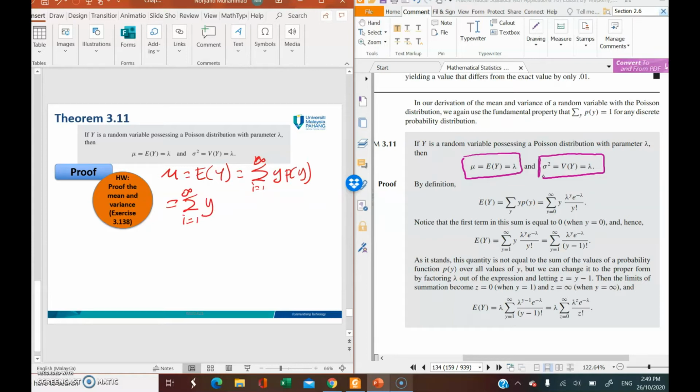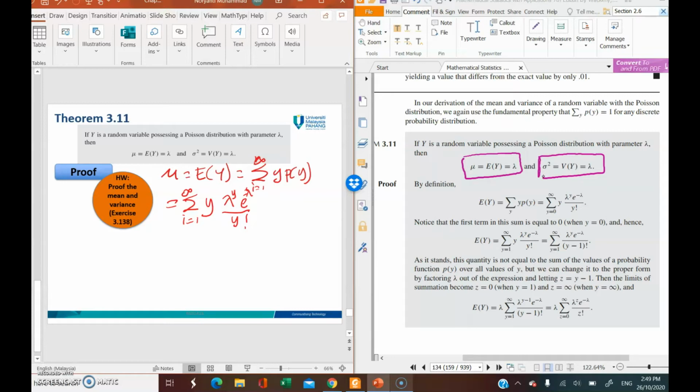Your p(y) is lambda to the power y times e to the negative lambda over y factorial. Again you can bring out the exponent e, but before that, if y equals 0, from the first term, and you multiply with the PMF, you will get 0.